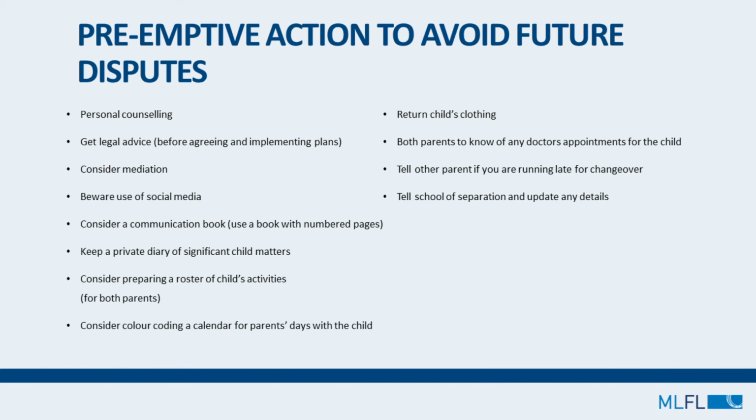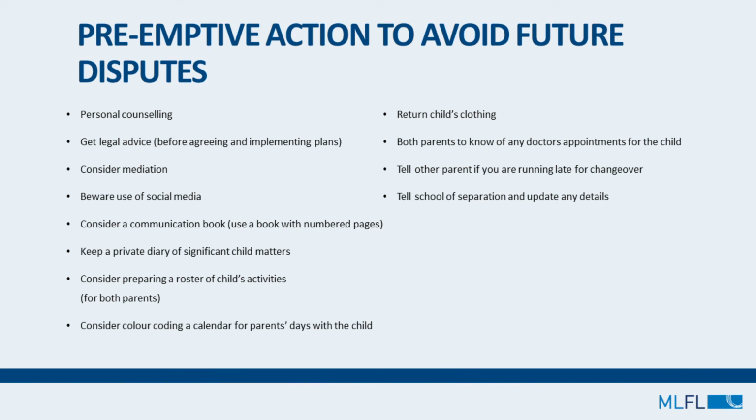This seems obvious, but returning a child's clothing at the end of time is something that my clients are constantly raising with me in parenting disputes, that they've bought new school uniforms or new clothing for the child. It's gone with the child to the other parent and hasn't been returned.